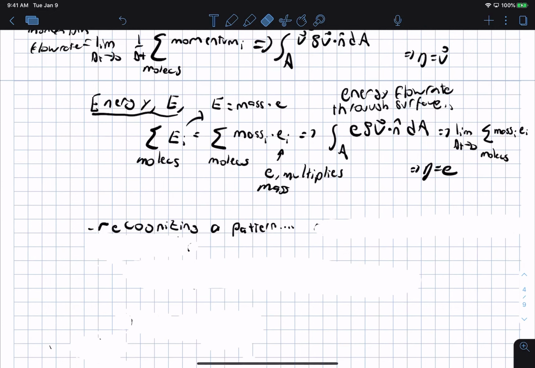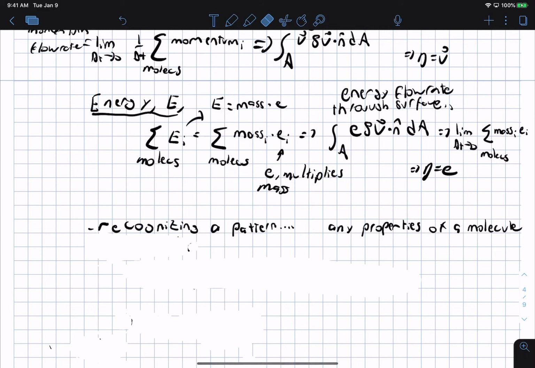Okay, but now we can sort of see a pattern here: if there is a quantity that is being carried with the fluid, then its net flow rate through our arbitrary surface is just given by the area integral of that quantity times rho v dot n hat dA.